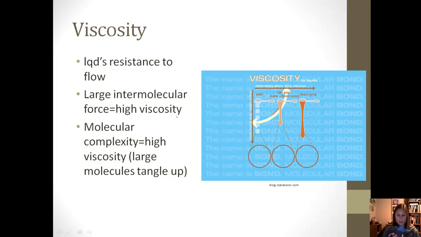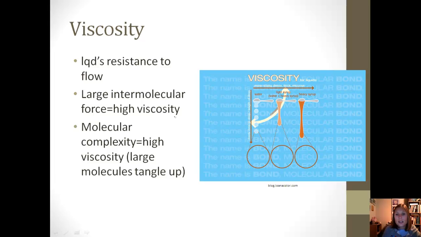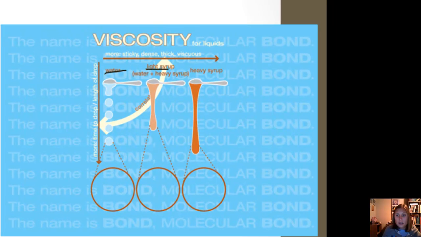So if we have a really bulky molecule, like a bigger sugar molecule, C6H12O6, versus a smaller sugar molecule, those large molecules are going to all tangle up, and so it makes them harder to pour. If we look at the difference between water, light syrup, and heavy syrup, the heavy syrup has the highest viscosity, which means it's probably going to have larger intermolecular forces and/or bigger molecular complexity.